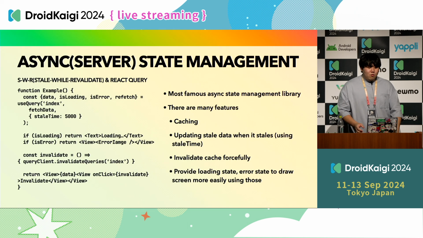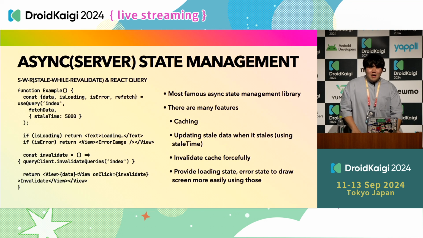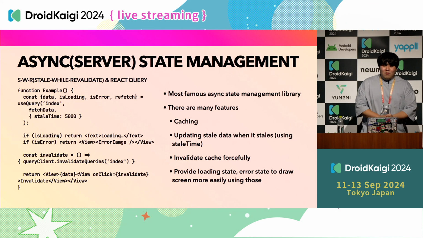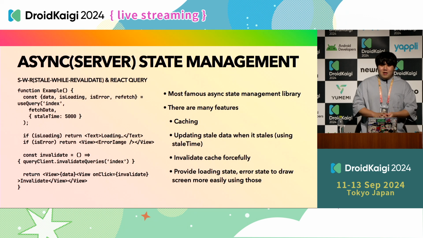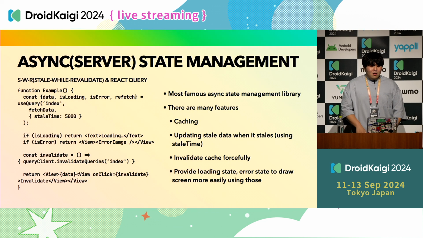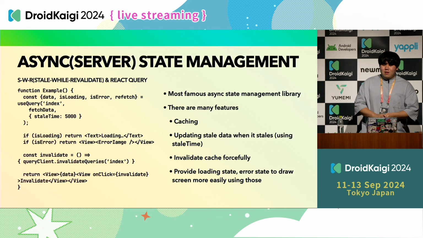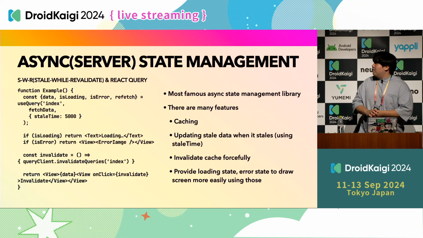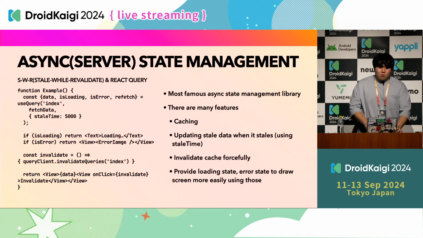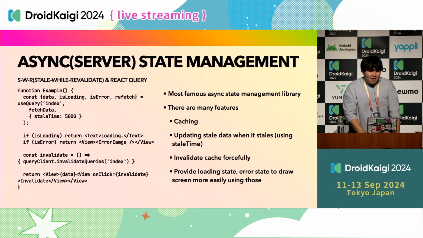And after that, it will send a new request to the API and return the updated data. Lastly, regardless of the stale time, you can forcibly invalidate the data mapped to a specific cache key based on the situation, allowing you to fetch new response data. In this code, the invalidate lambda function will be a good example for this.